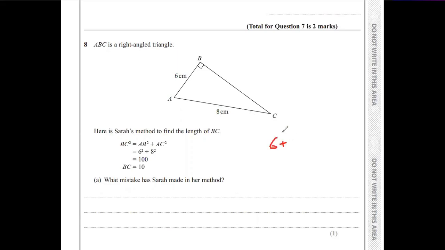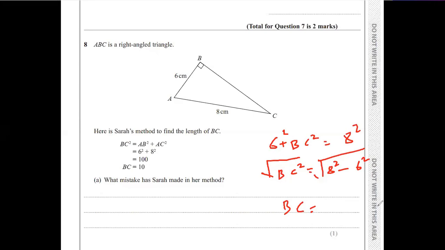Okay, so she should have actually done 6 squared plus BC squared is equal to 8 squared, and then BC squared should be equal to 8 squared minus 6 squared, and then square rooting both sides. Excuse me, this is actually BC. And then that's why BC will be equal to what?